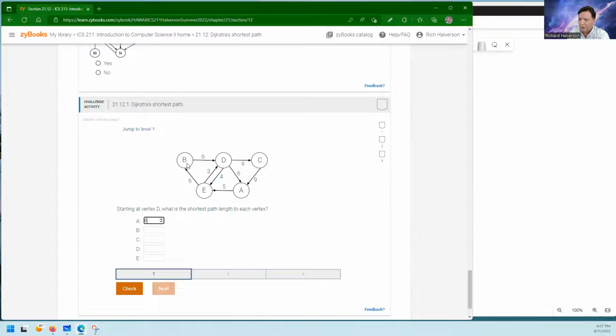And from D to B is going to be, I go to 4, 6. So I guess I have to go down here and then go up to here. So that's 10. From D to C is 9.